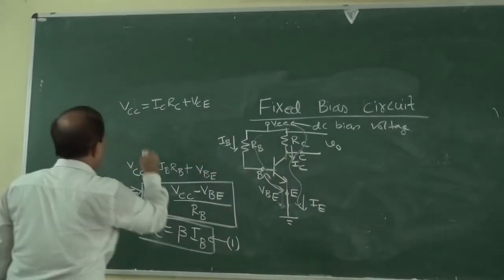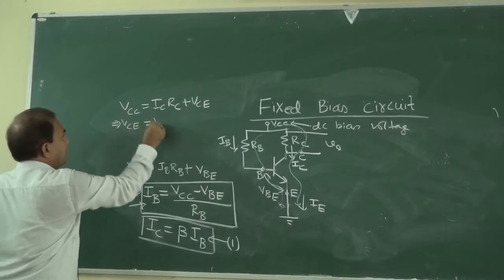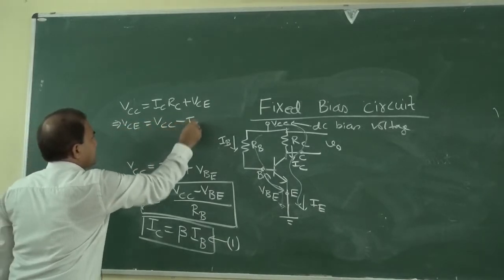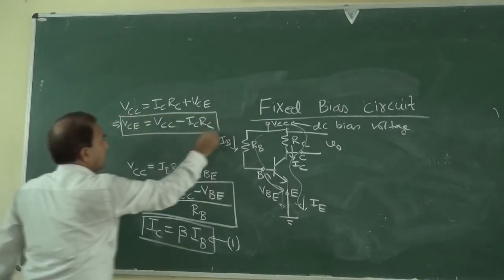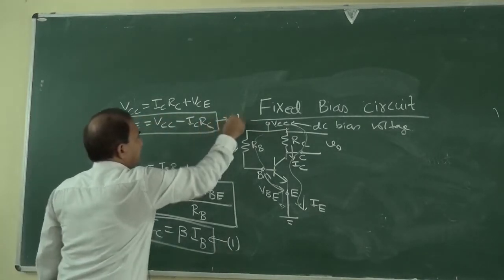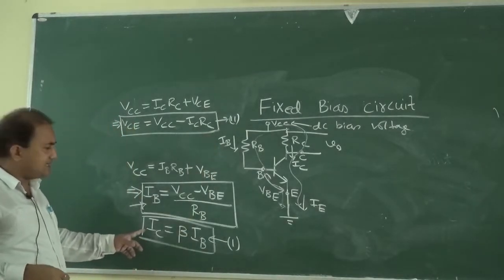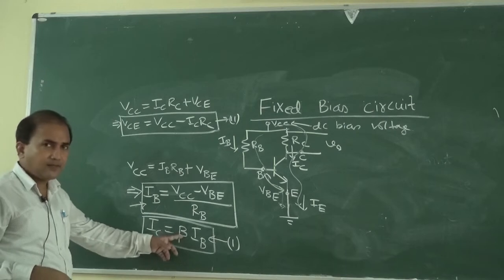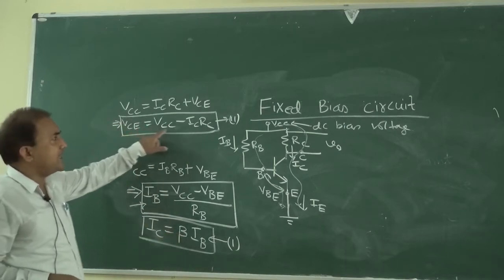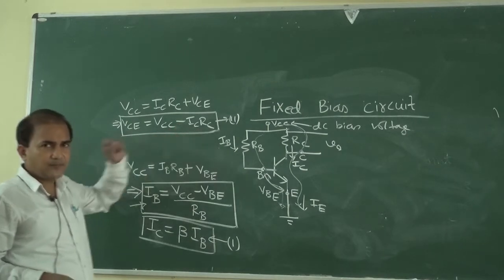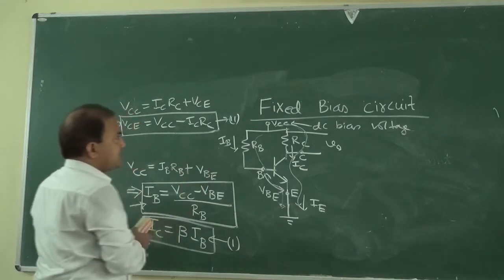So from this we get VCE equal to VCC minus IC RC. This is the second operating point. The first operating point we determined is IC equal to beta IB, and the second operating point is VCE equal to VCC minus IC RC. So this is about the fixed bias circuit.